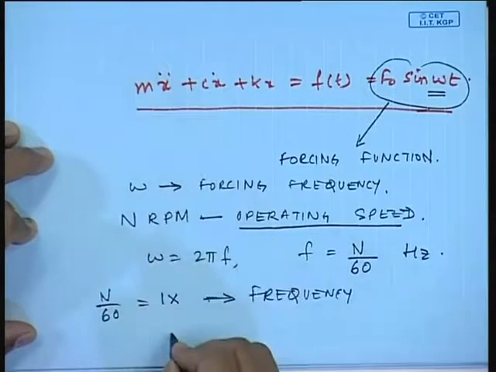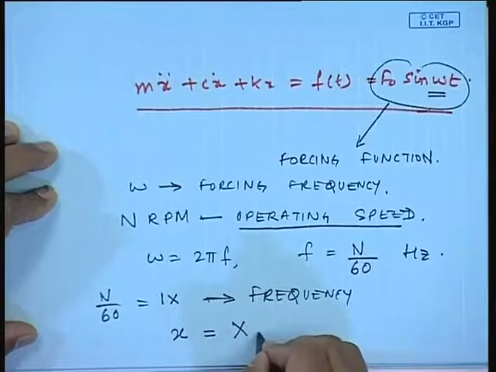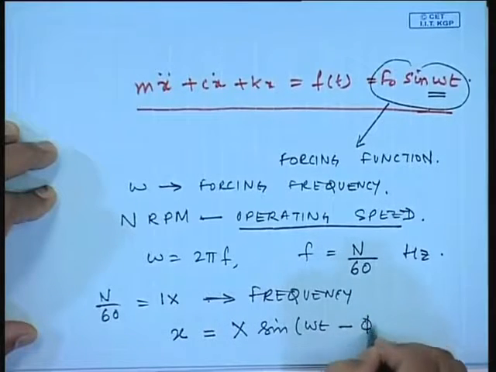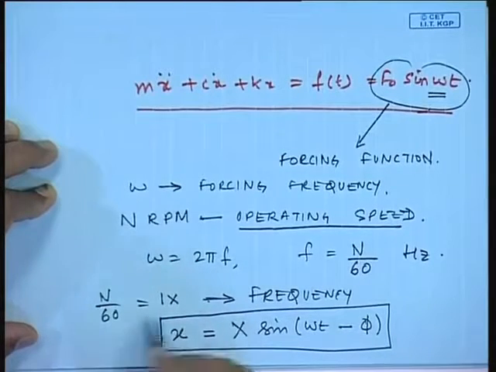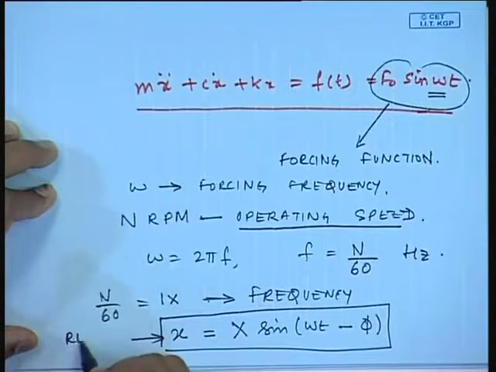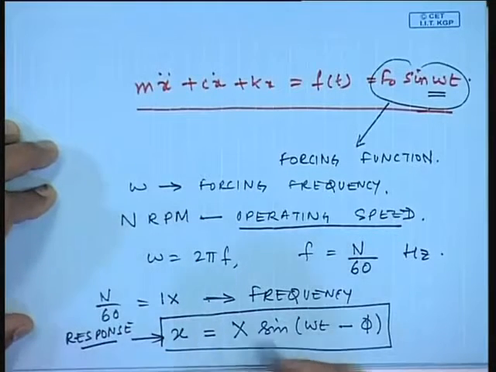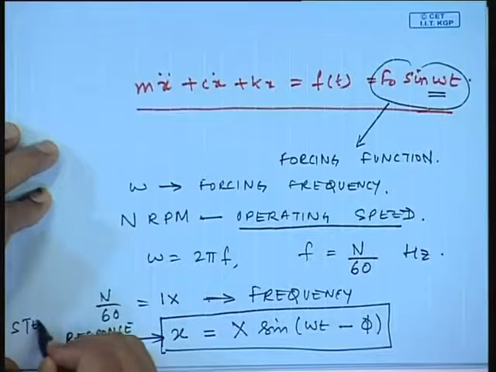Now, this response x which I will measure would be of this form, sin omega t minus a certain phase difference. So, this is the equation of the response, and this is a steady state response.